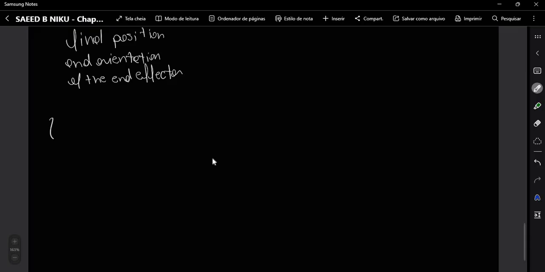So another example will be a spherical and Euler robot.